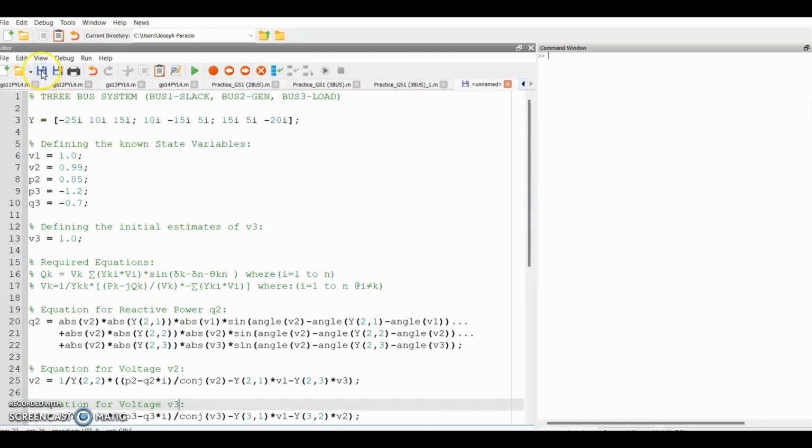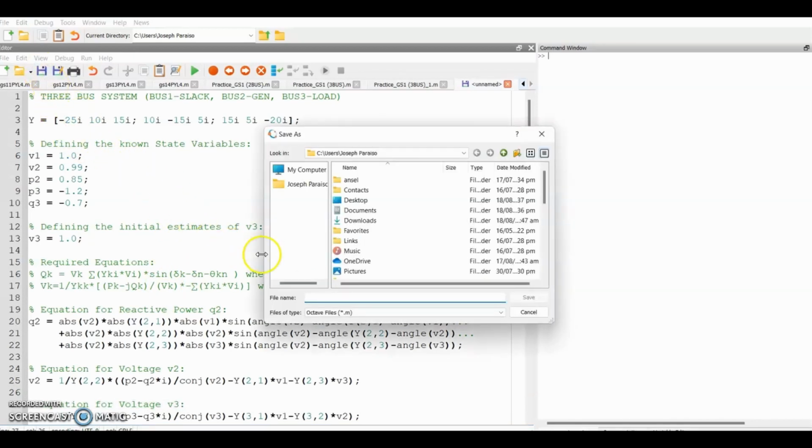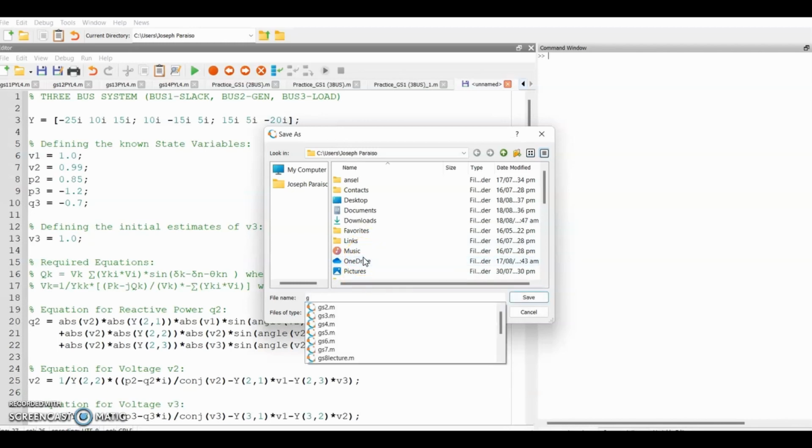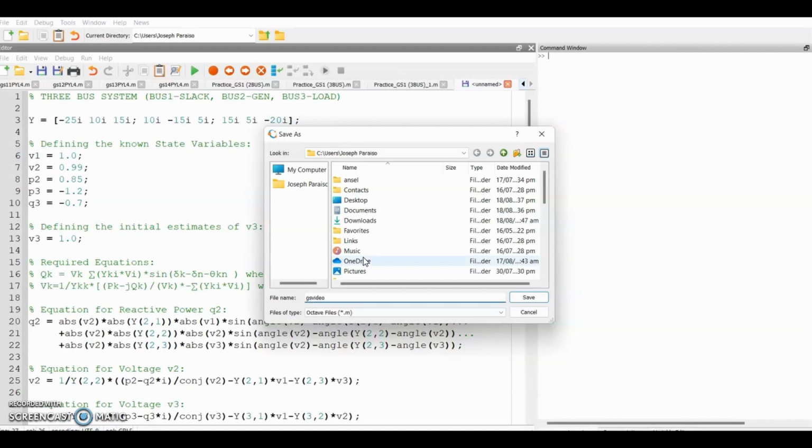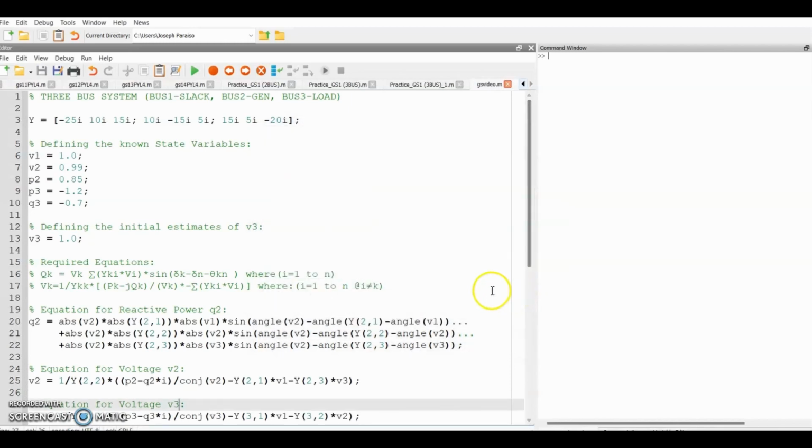So let's try to save it. So we need to run Gauss-Seidel. So let's try to run and let's see what happened.